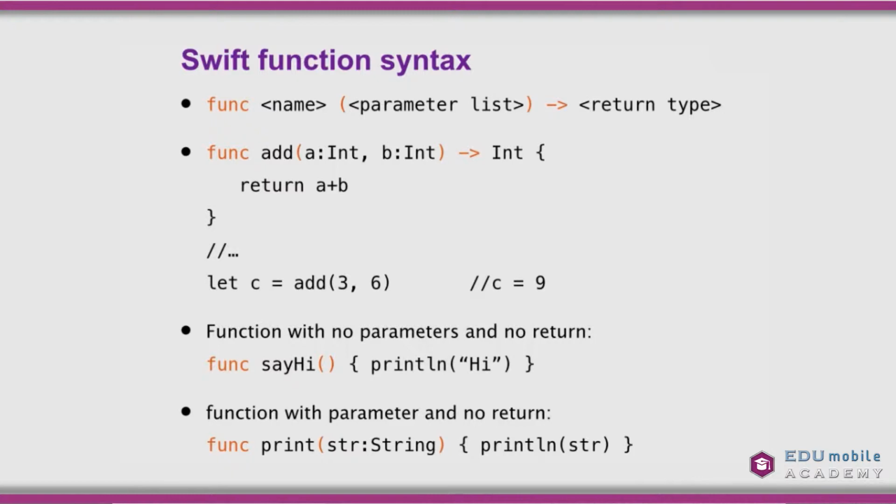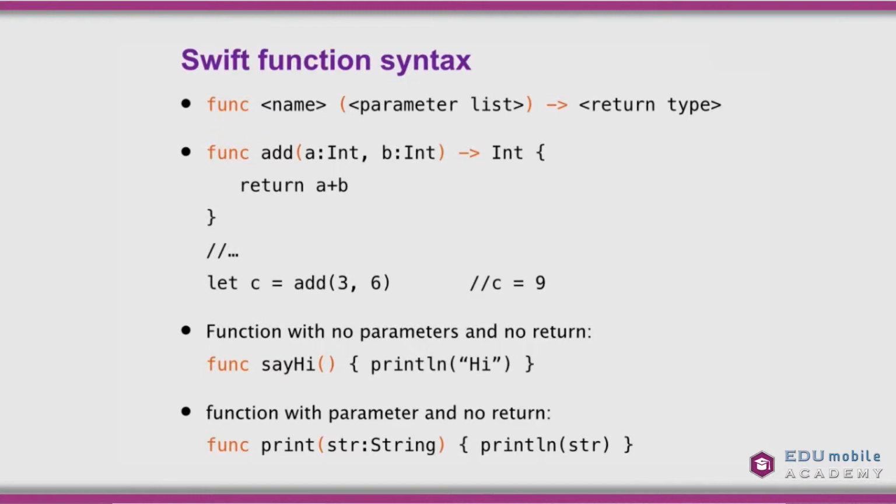And then, of course, inside the function body, we have return a + b. Then we can call the function by something like this: let c = add(3, 6), and that will set c to 9. Now, of course, c is a let, it's a constant, so we can't then change the value of c, but that's only interesting at this point. We see how the function works.